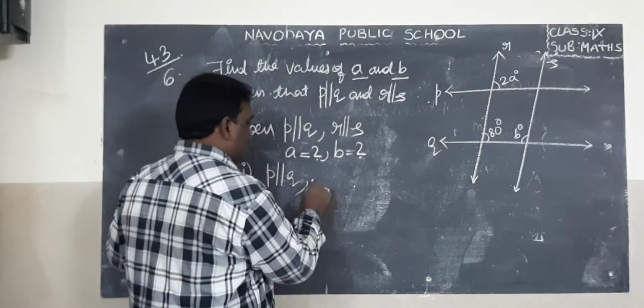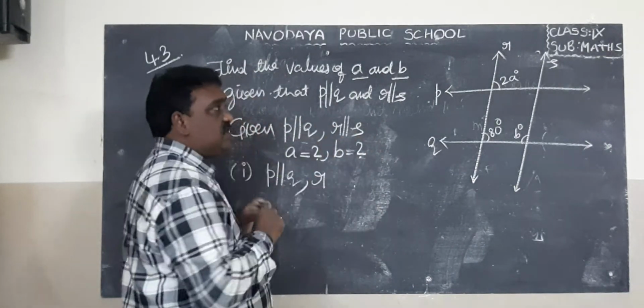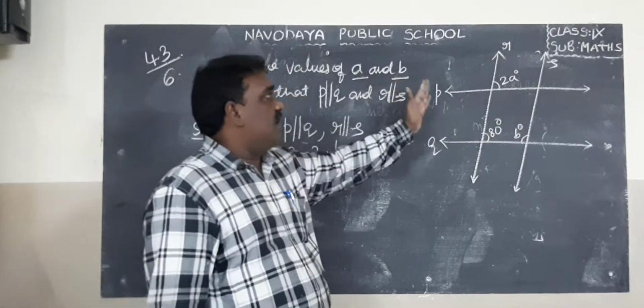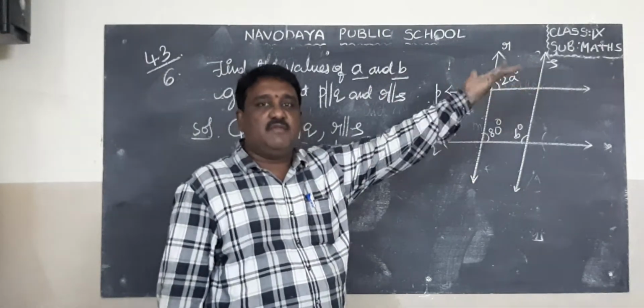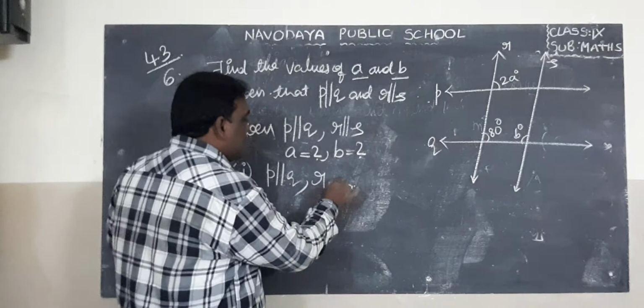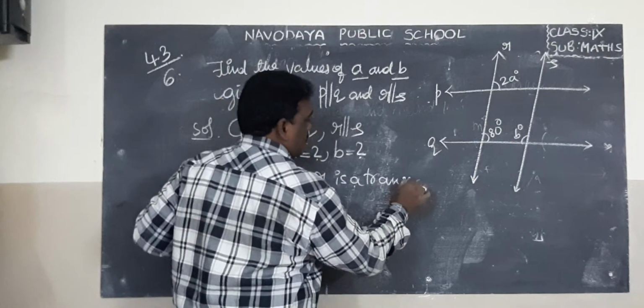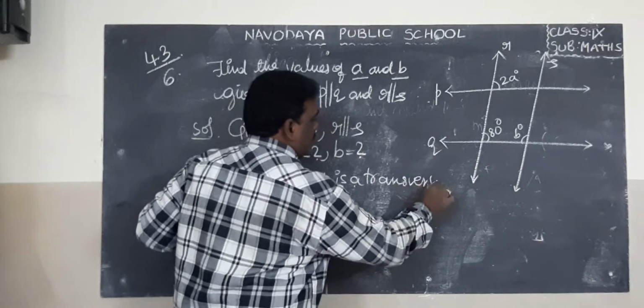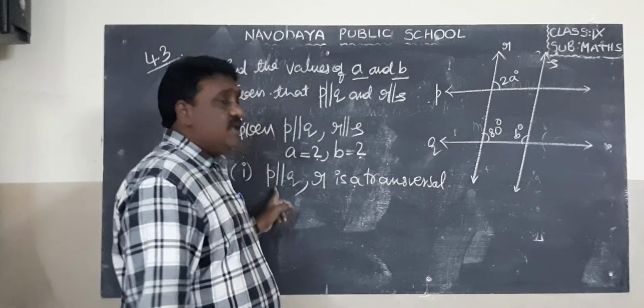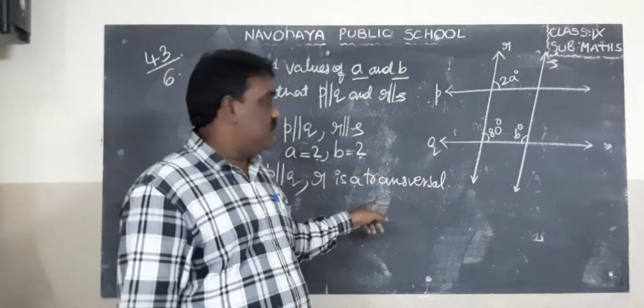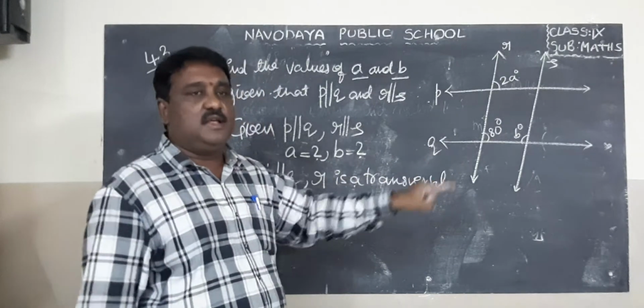Which one is a transversal? 2 transversals are there. First one is small r, second one is small s. Use any one. R is a transversal. Okay na? Small p parallel to small q, R is a transversal.